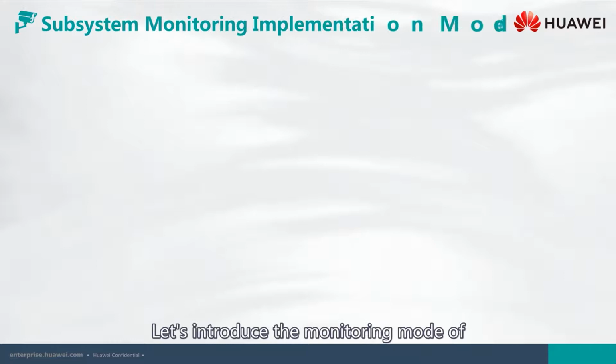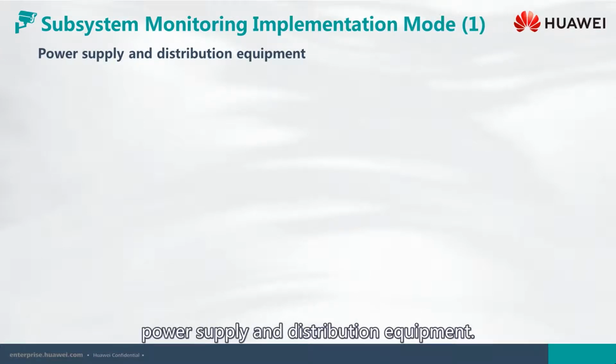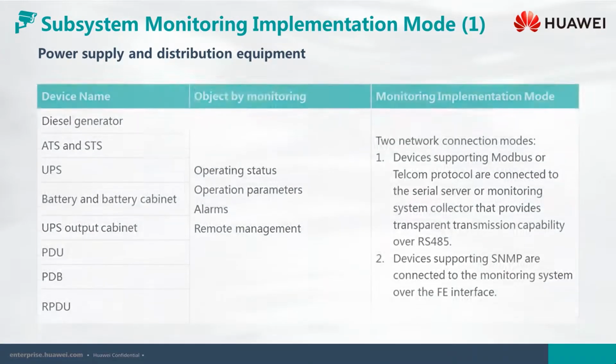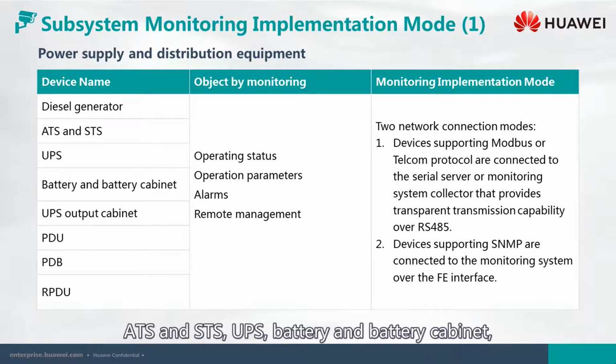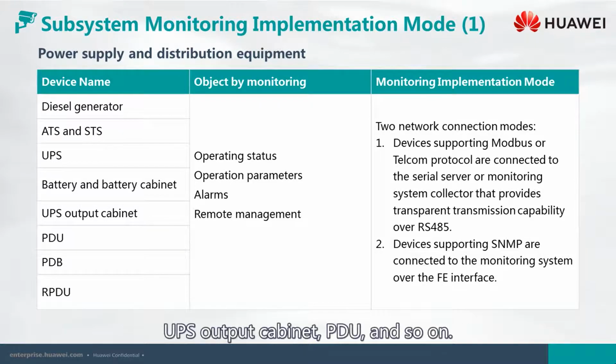Let's introduce the monitoring mode of power supply and distribution equipment. In the table list, we can see a diesel generator, ATS and STS, UPS, battery and battery cabinet, UPS output cabinet, PDU, and so on.